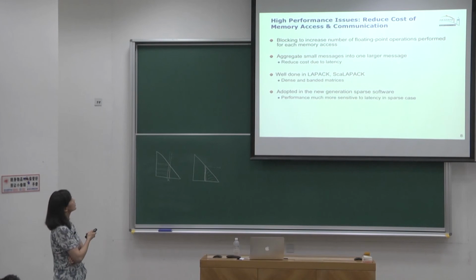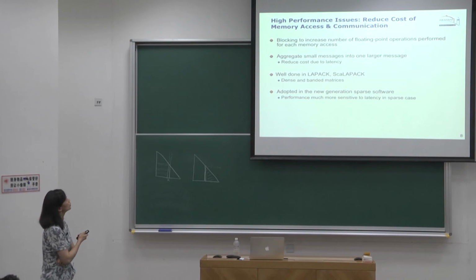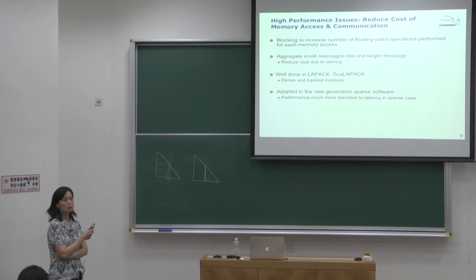Another thing for parallel machines is to aggregate small messages into one larger message. Remember we looked at some real data about latency and bandwidth. Latency is very expensive. It's a lot of cycles. Each message, the latency you have to pay is equivalent to over 10,000 floating point operations.